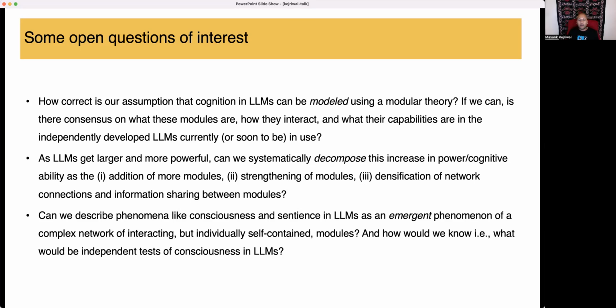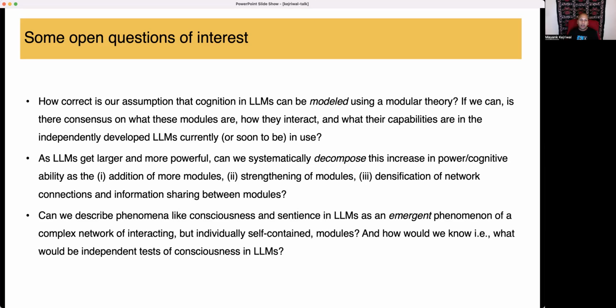So we need a scientific way to figure out what the structure of modules is, what this network is, and how we evaluate or compare cognition in LLMs using this kind of theory. So there are more degrees of freedom in doing that than when we do it with the human brain. And as LLMs get larger and more powerful, can we systematically decompose this increase in cognitive ability?